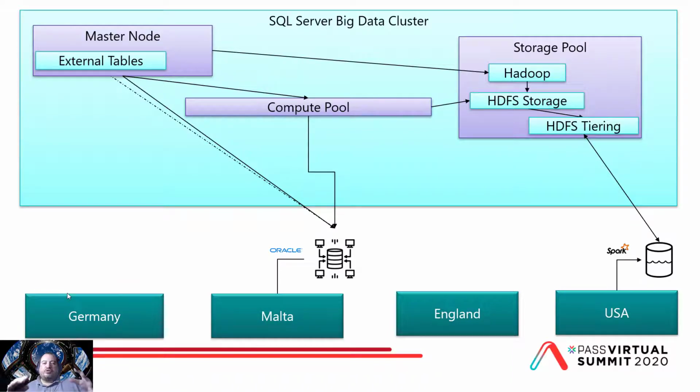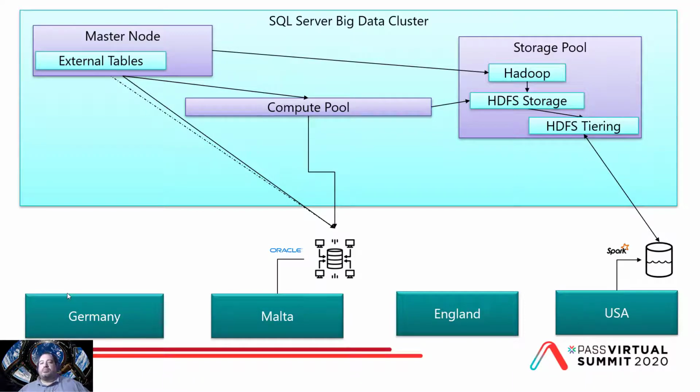So we have two paths to access our data. Both paths end up on the external tables, making a single entrance point for any application that wants to query our data. The master node becomes a single entrance point for any application.